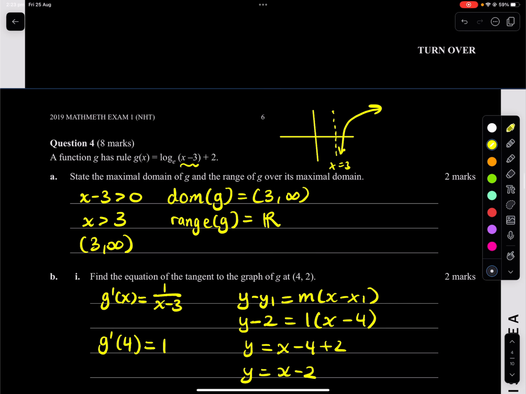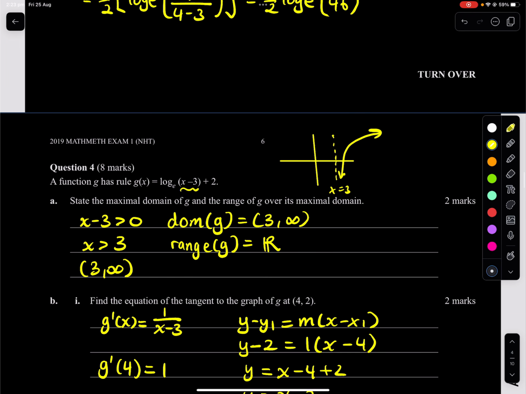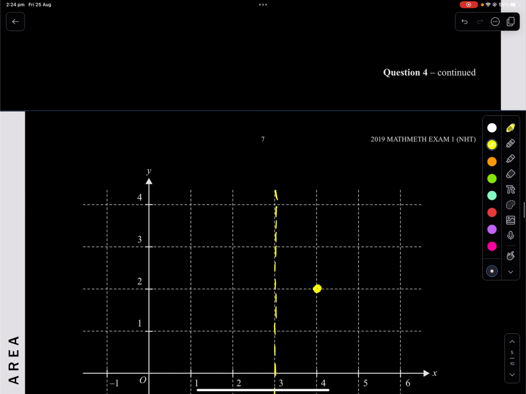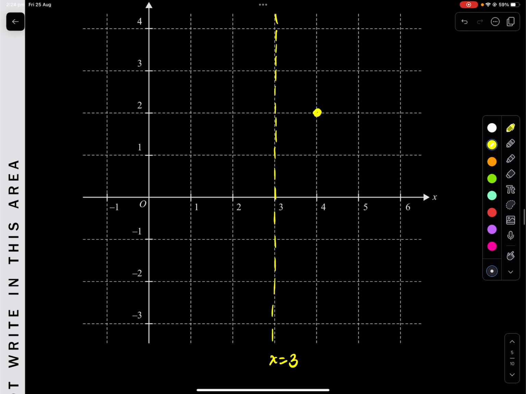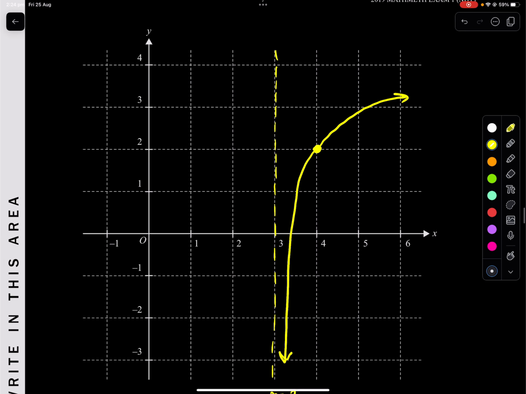If we sub in 5, 5 minus 3 is 2, so log e of 2 plus 2, it's in decimals at that point. But we just need that, and if we draw a nice sketch, it goes like that.